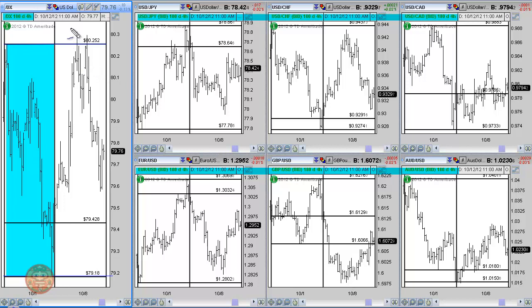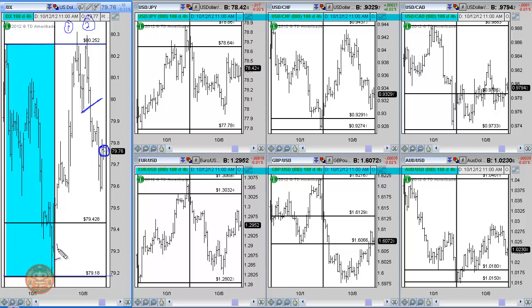We did try to break out of the highs from last week twice, but were not able to do it successfully. And then the bulls realized that the market was not going to go any higher, and the dollar index basically fell apart into the back end of the week, and essentially we finished pretty much right around the middle of last week's trading range.